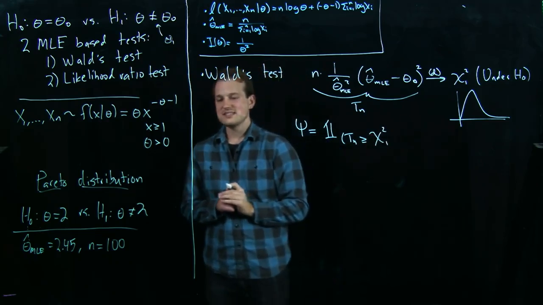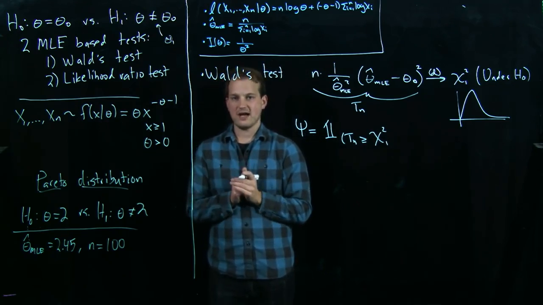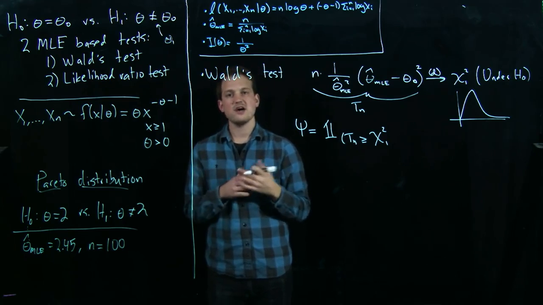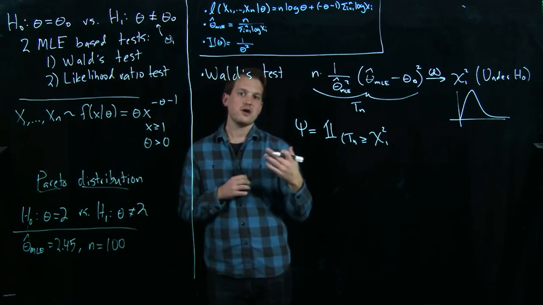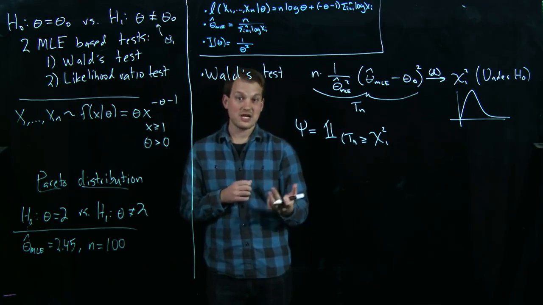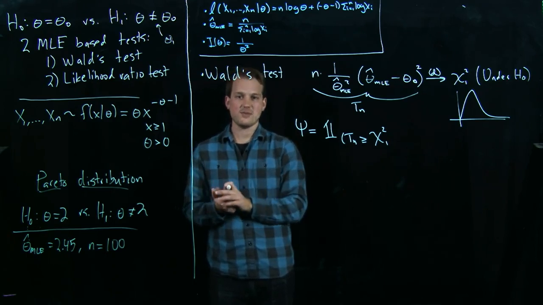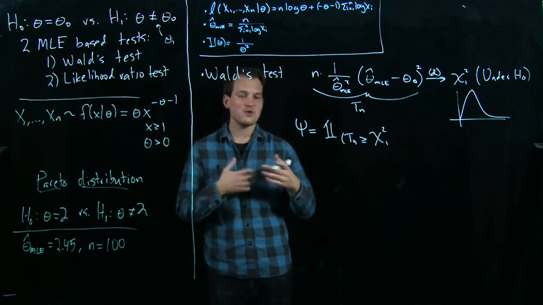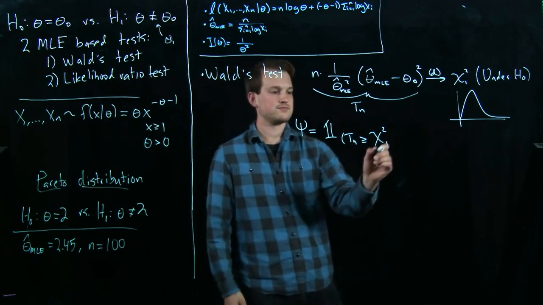Okay, so let's say in this problem we want to test at a level of 0.05, right? So basically what that means is under the null hypothesis, we want a probability of 0.05 of actually rejecting the null hypothesis. Under the null hypothesis means that the null hypothesis is true, so we have a probability of 0.05 of making a type 1 error.